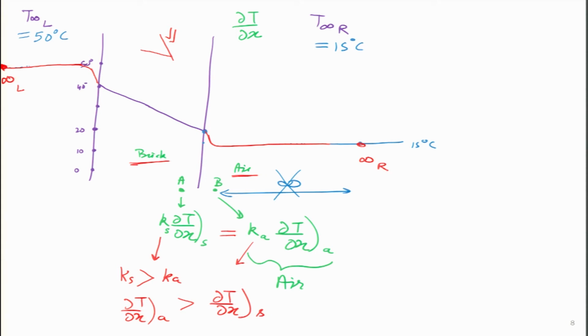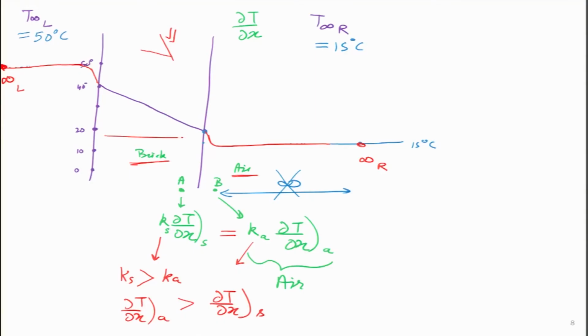So, always remember, in real life engineers are not talking about real infinities. This infinity means large distance. So, we are just symbolically representing it for large distance. So, let us say if this length is 1 meter, then this infinity would mean if we are 5 times or 10 times that distance on both sides over here, which means that this convection which is taking place of air over here and convection of air.